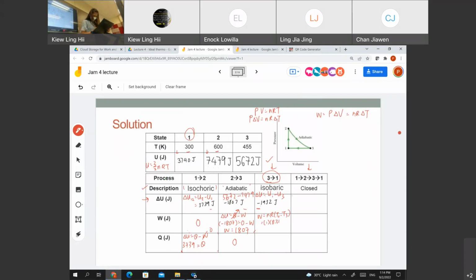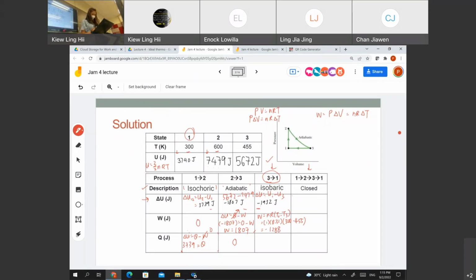So T1, which is 300, minus T3, 455. Negative 1288.